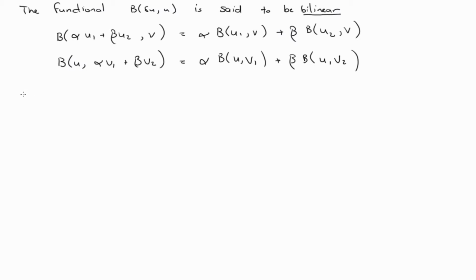And of course, it's symmetric. It's symmetric if B(u, v) is equal to B(v, u). This is also true. You can go and verify that. Just plug in, we had del u and u, but if you swap them, u and del u, it'd be the exact same function.